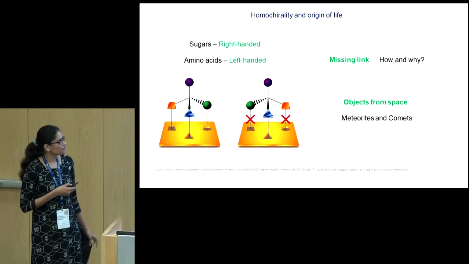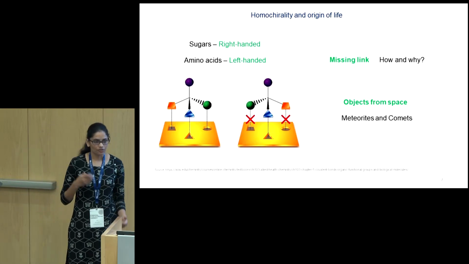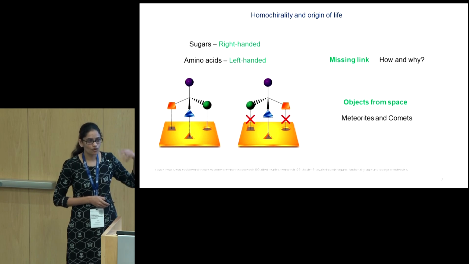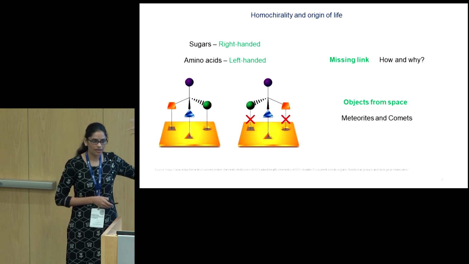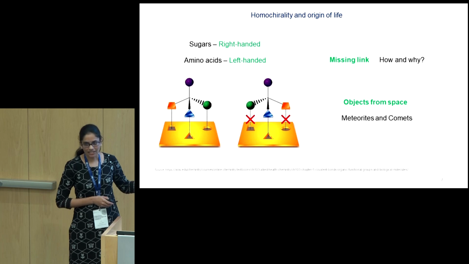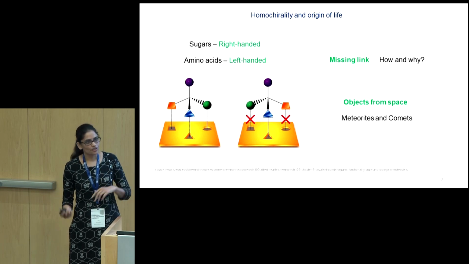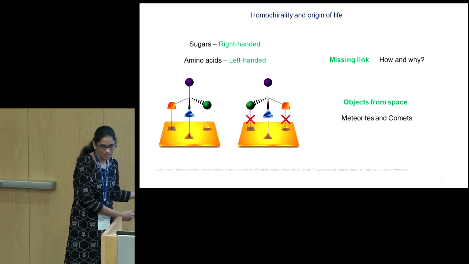But there is definitely a lot of research going on, and one interesting thing is that scientists found that outer space objects, whose age is far older than Earth, have chiral molecules. But then how did chiral molecules end up in these outer space objects?